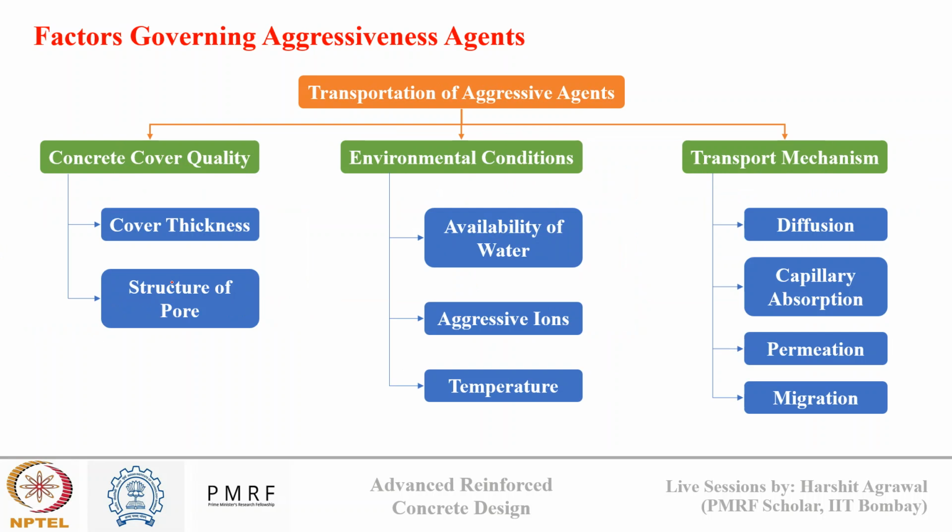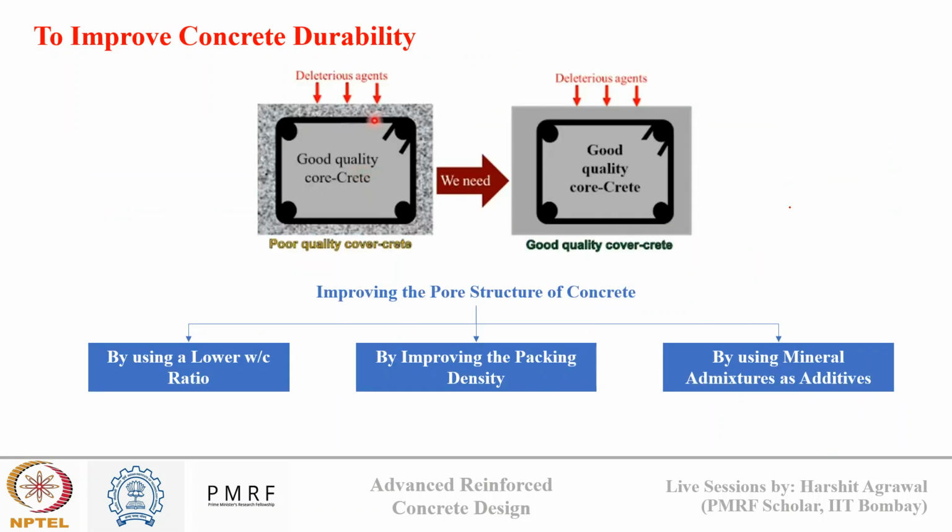Now, when we talk about ingress of aggressive ions from the surroundings, it is affected by several factors which are classified into three types: concrete cover quality, environmental condition, and transport mechanism. We had a brief discussion on all three types, and then we discussed a little deeper into transport mechanisms, how these mechanisms are governed, and what factors influence them.